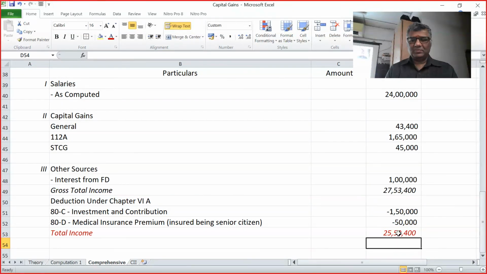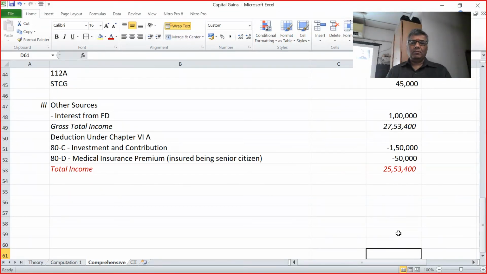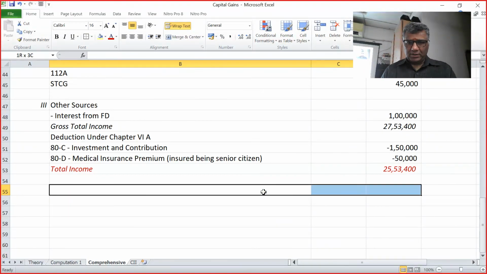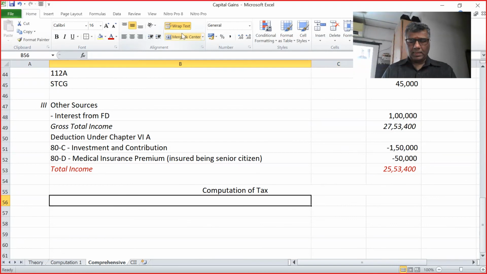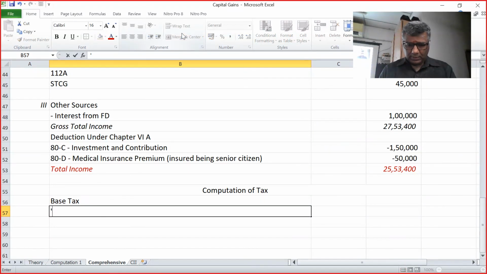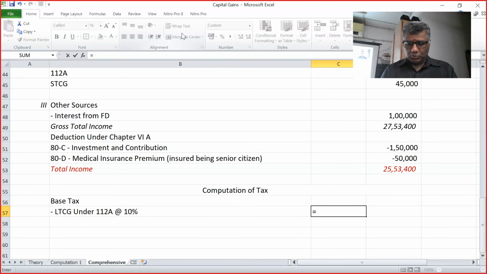Computation of tax. LTCG under 112A at 10%, so this 1,65,000 at 10%.